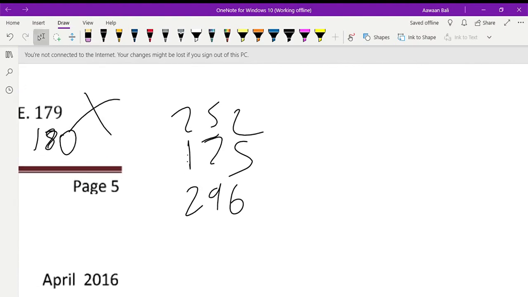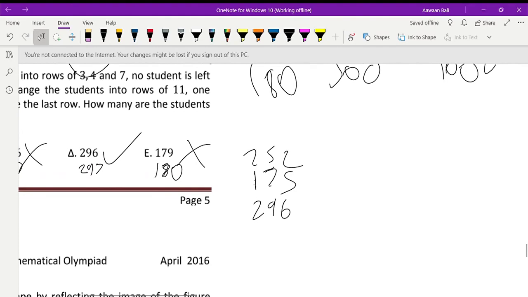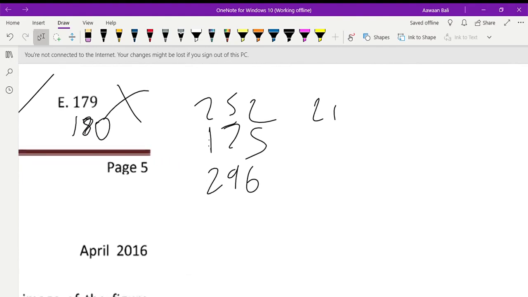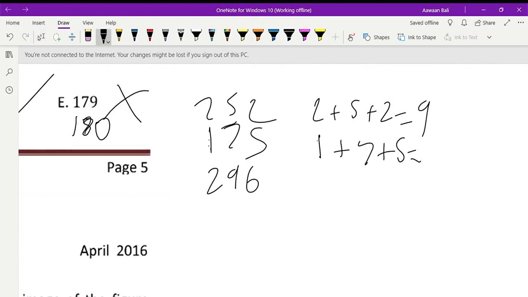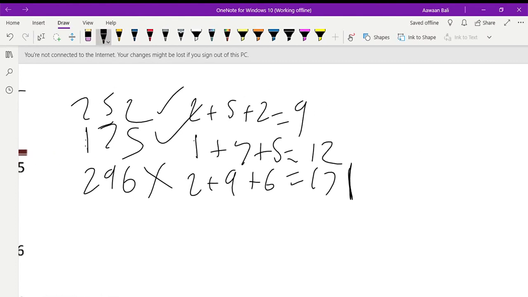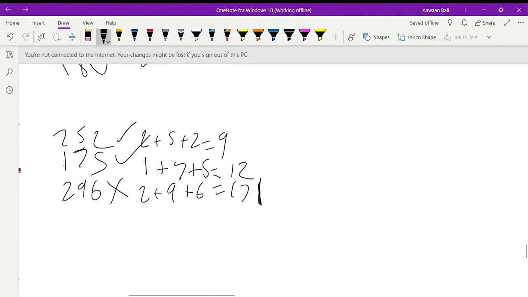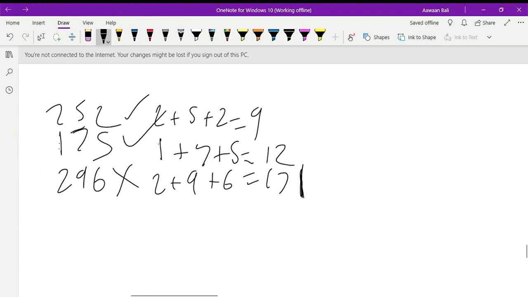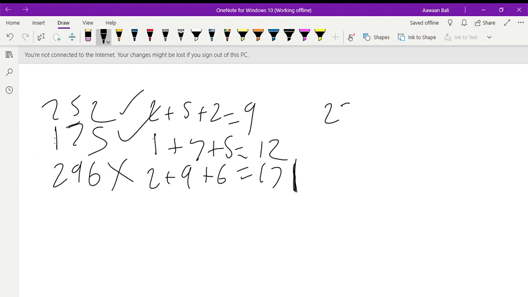Now, first the divisibility rule of 3. If all the digits add up to a multiple of 3, then they're divisible. This works, this works. This doesn't work. 17 is not divisible by 3. So this stops here, and we carry on with the divisibility rule of 4. Now 252, 175.